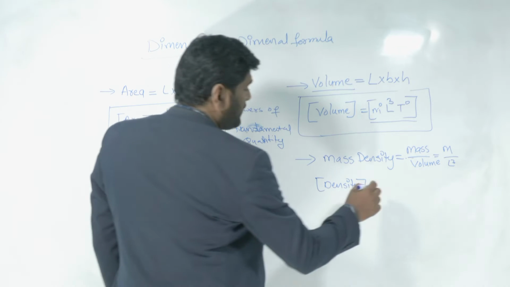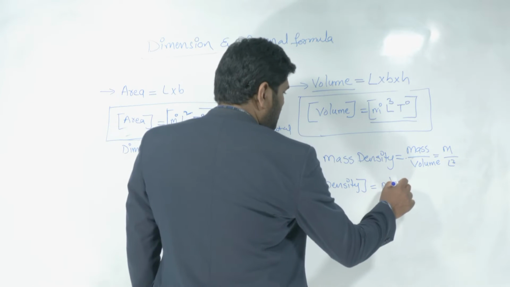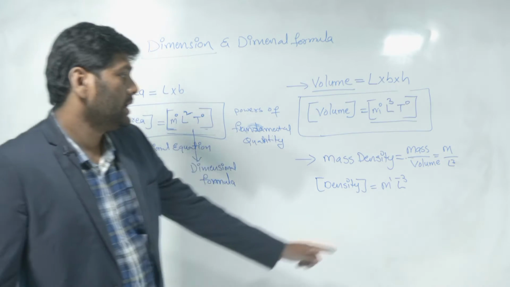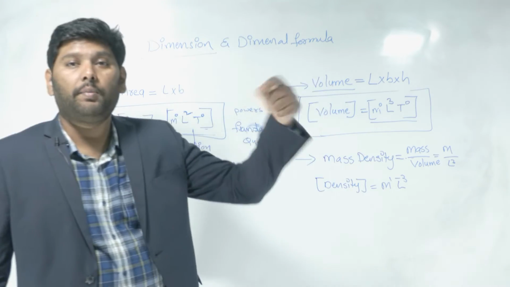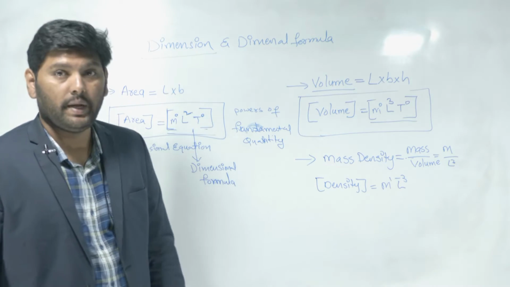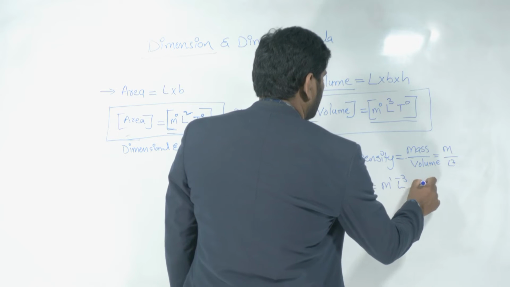Yes, mass power is 1. Is there any length contribution? Yes, L power 3. Why? Because it is in the denominator. If you bring it to the numerator, the power becomes inverse. So L power minus 3. So now T power 0.